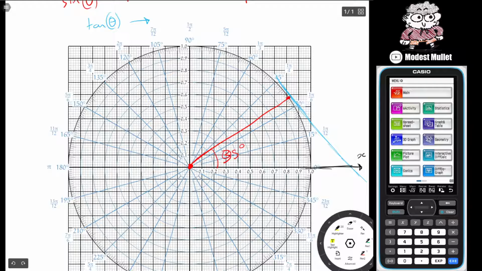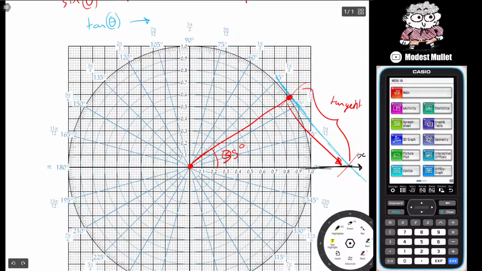Tangent is how long that line is, from the dot to the x-axis. Cool. So in this one, it's pretty easy. We could use a sense of scale. From there to there, it might be about 0.6, and I haven't drawn this with a ruler, so it's not very accurate.